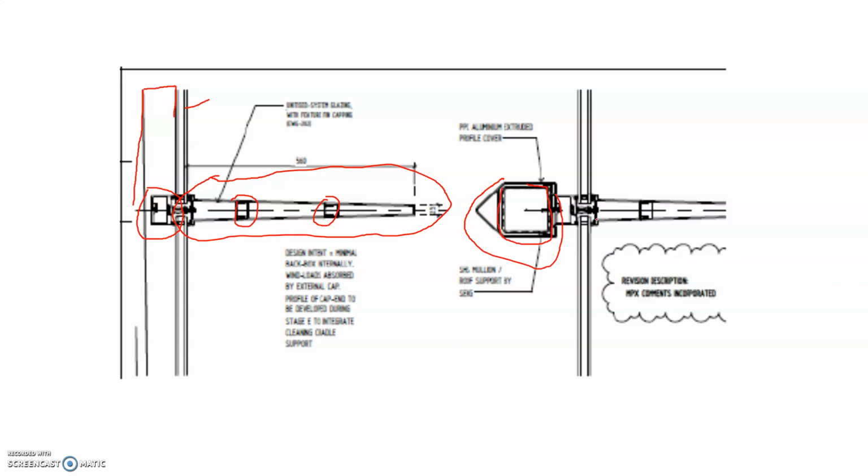The idea is that because we have the transom here, and that transom is fixing back to the horizontal steelwork, curtain walling is normally non-load bearing, which means it can't take any load.